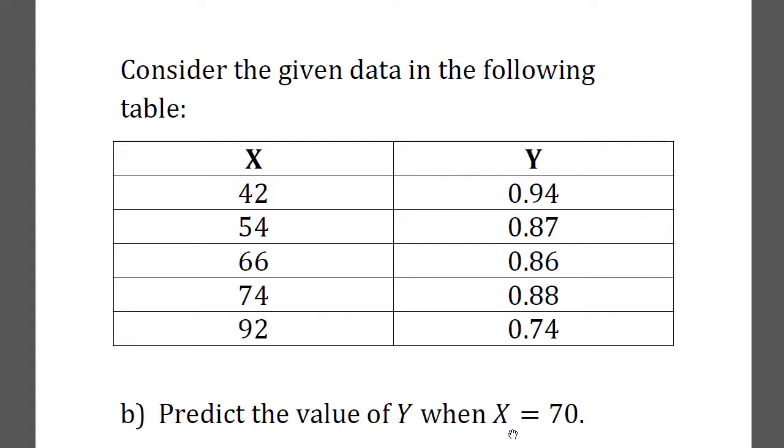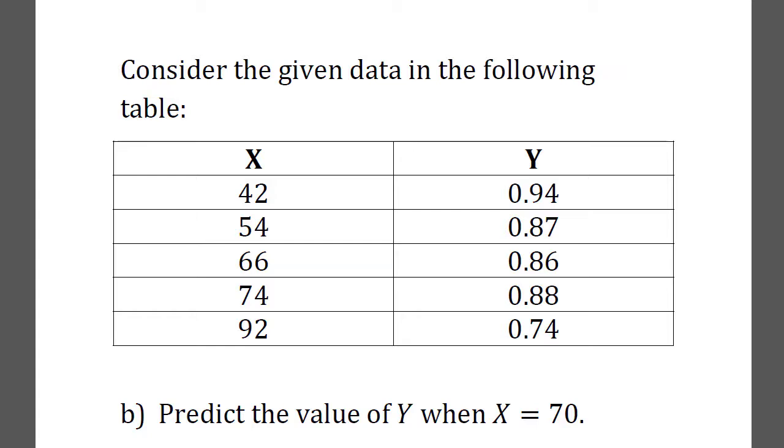Notice that the given value x equals 70 is actually not given in the data. And that's actually the point, because we're attempting to use the equation of the best fit line to make predictions for values that are not part of the table. And so here's how we can go ahead and proceed.